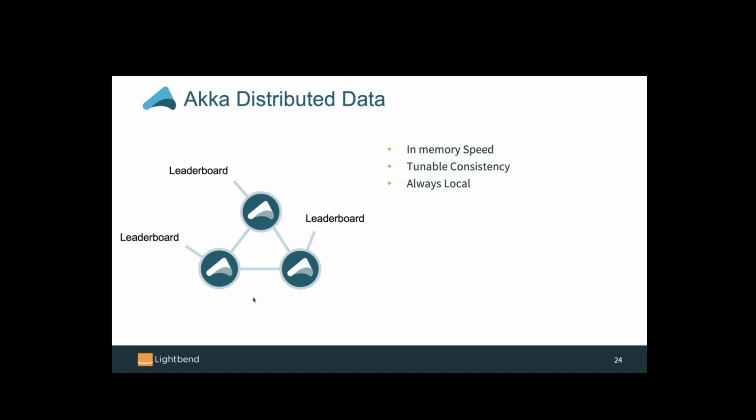And if two changes come into different nodes at the exact same time, both of those changes will be propagated through to all the other nodes. But there is a potential that one node makes a change locally that isn't reflected immediately on the other node. So Akka distributed data also gives you this amazing in-memory speed, but it's got tunable consistency, and the guarantee you get is that that information is always stored on the local machine that you have.